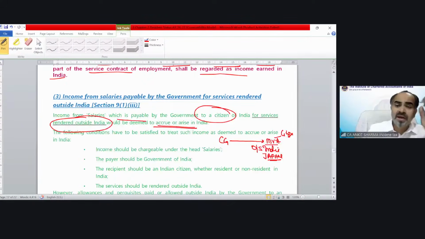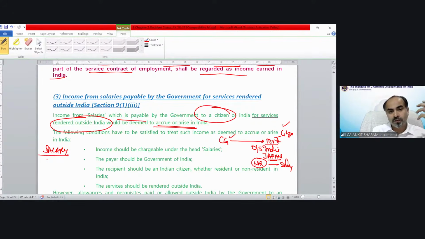Now you will remain in Japan for a number of years. So technically, what would be your status? You would be a non-resident because you are not going to visit India at all. So now you are a non-resident but a citizen of India working outside India on behalf of government. Whatever salary you receive will have three components. Our next chapter is salary, heads of income.